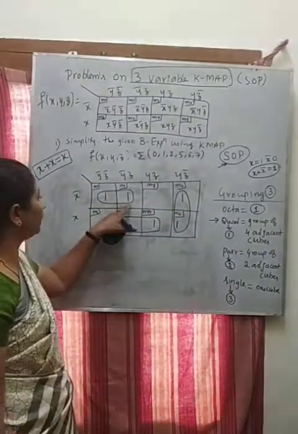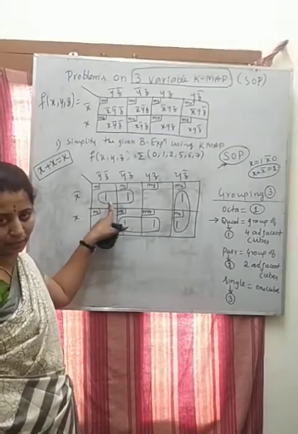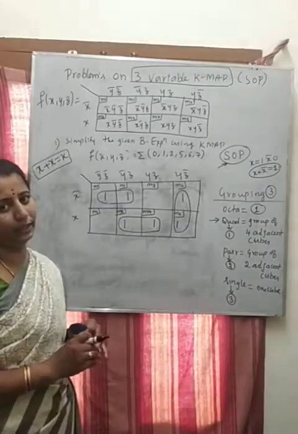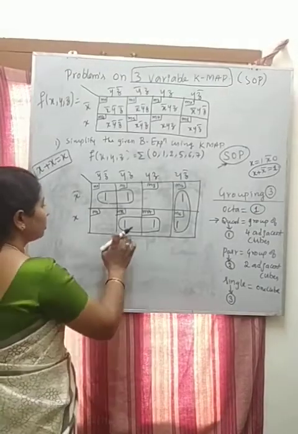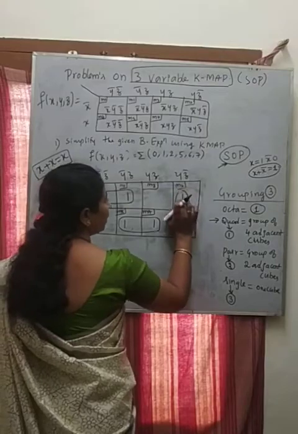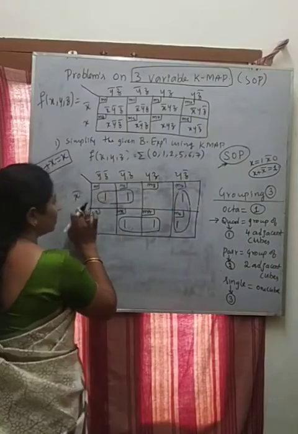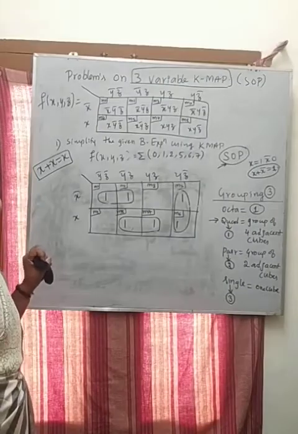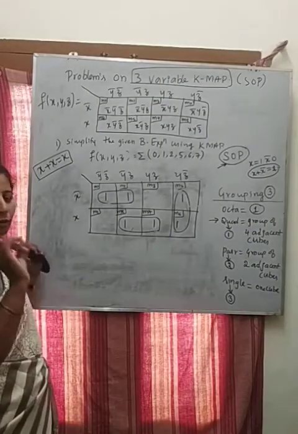If it is already grouped with another term, the redundant one should be avoided. Here this is possible, this is also possible, and these two are also possible. But those 3 groups give you redundancy, hence should not do.